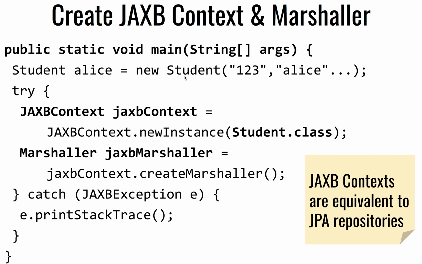So let's instantiate a brand new student object representing Alice in this case, and the way we are going to write or read to or from an XML document is we're going to use the JAXB API. The way JAXB works is that we create what is called a JAXB context. The JAXB context is very similar, or the equivalent of the JPA repository.